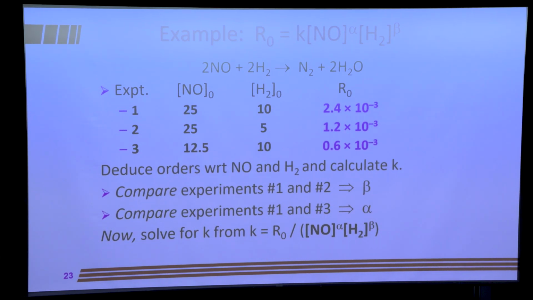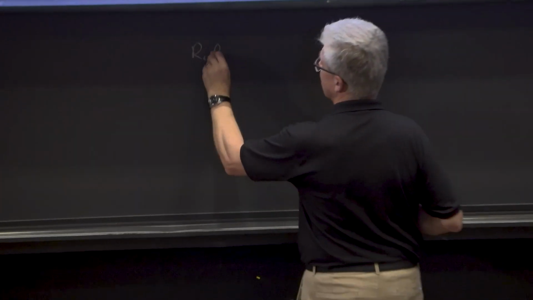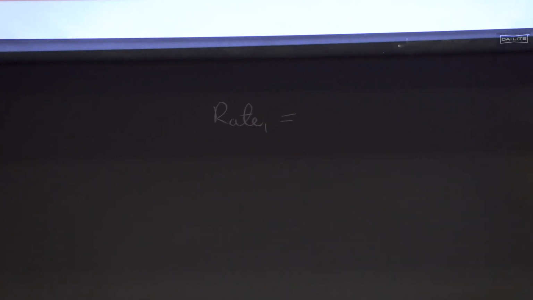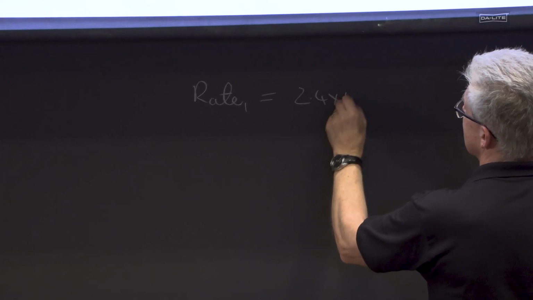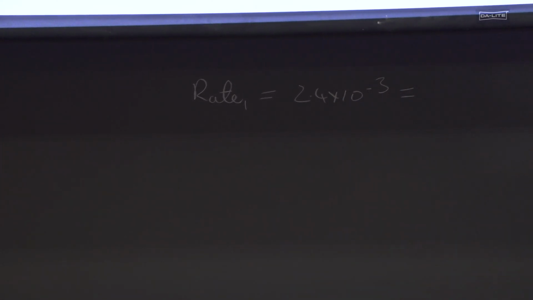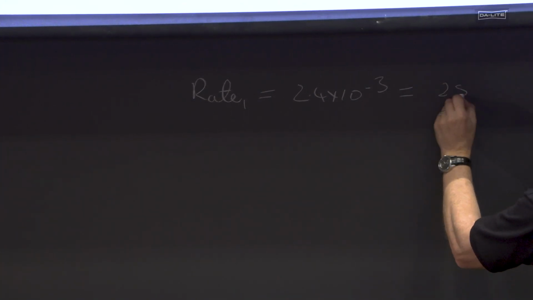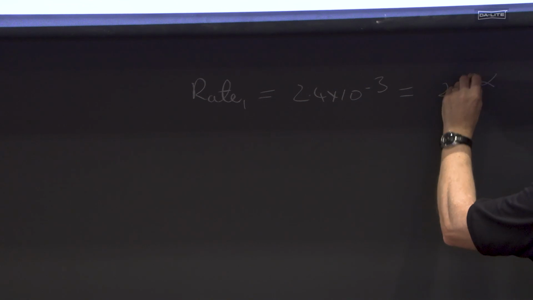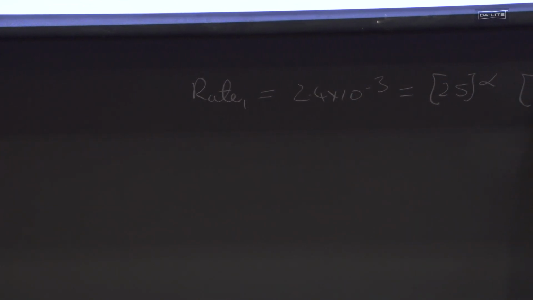How do we do that? It's as simple as this. We have NO. So the first rate is equal to 2.4 times 10 to the minus 3, and that's equal to the concentration of NO, which is 25 to the alpha, times 10 to the beta. Okay?